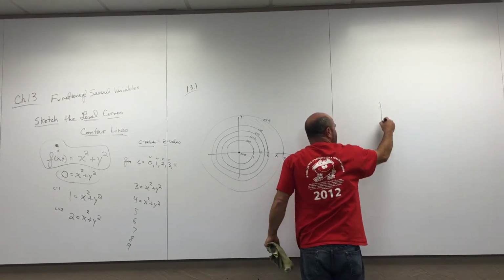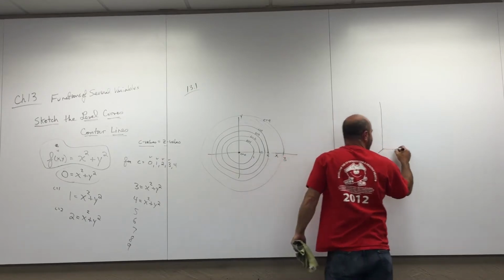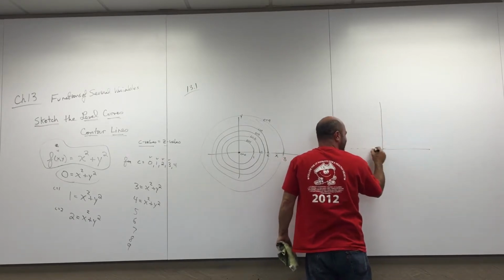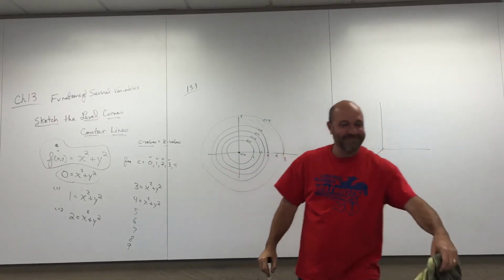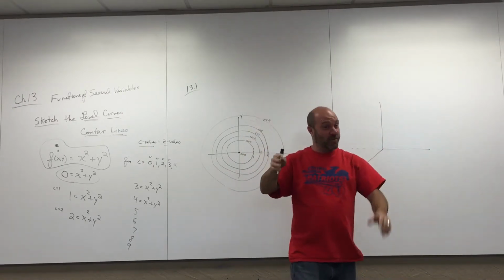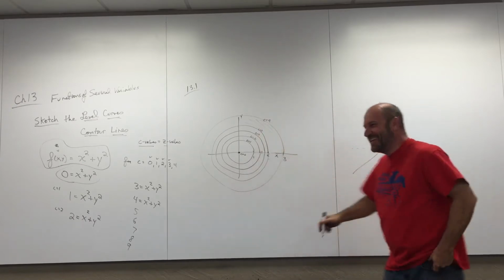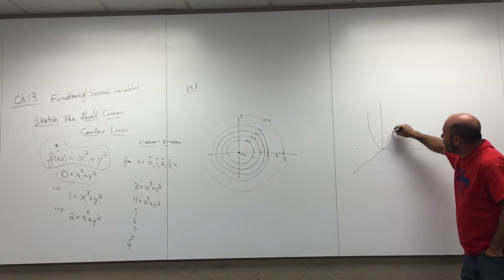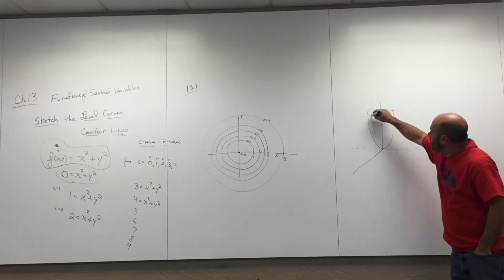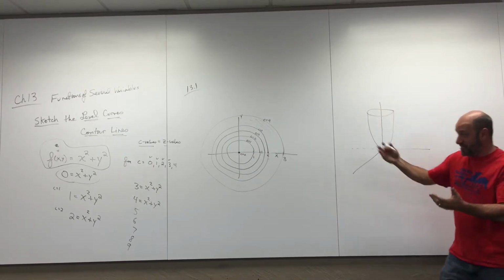A cone's cousin is a paraboloid. Remember those conehead people? They actually look more like paraboloid heads. But this is a paraboloid, a very circular paraboloid, as we just discovered.